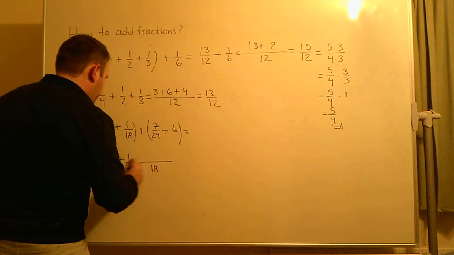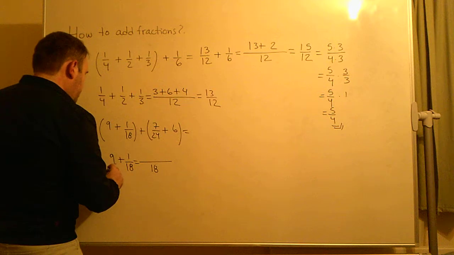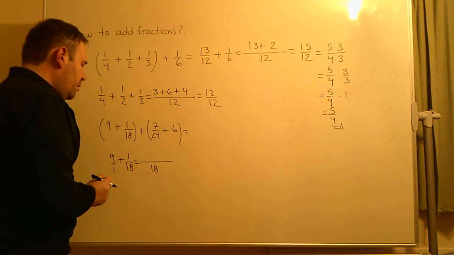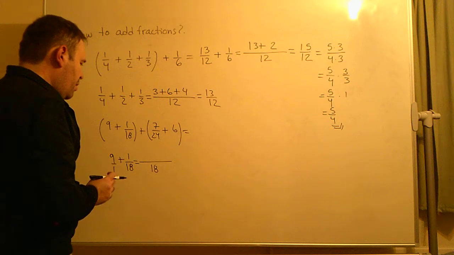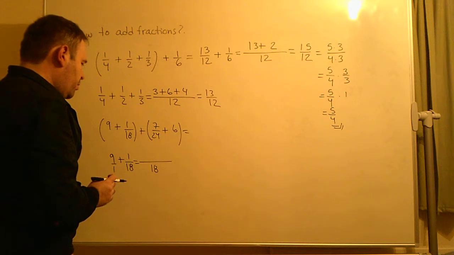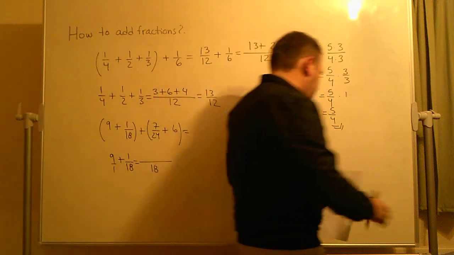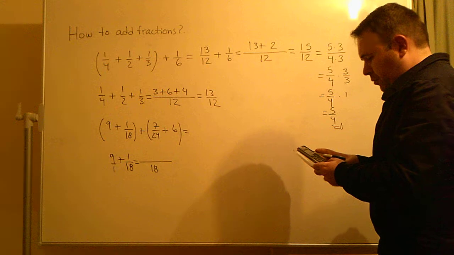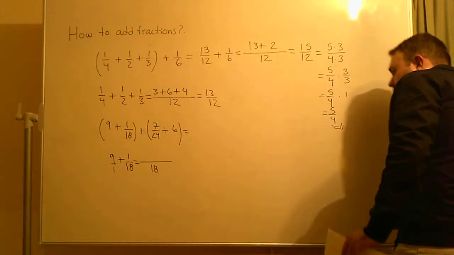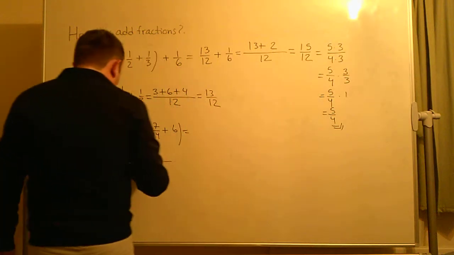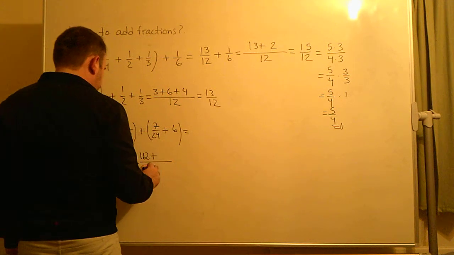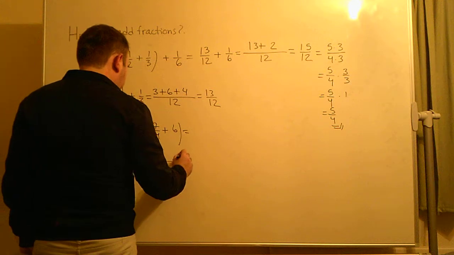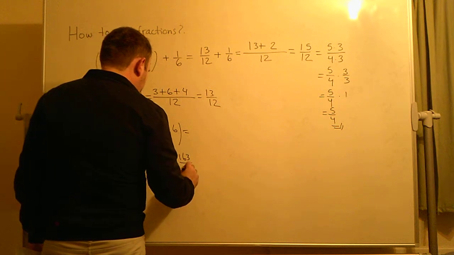Then the least common multiple is 18. 18 divided by 1 is 18, times 9, 18 times 9 would be 162, I believe. Yeah. 162 plus 18 divided by 18, which is 1, times 1, 1. Then we will have 163 divided by 18.